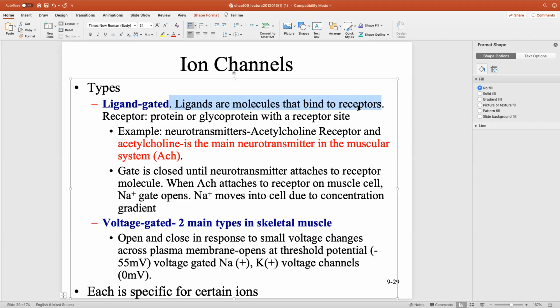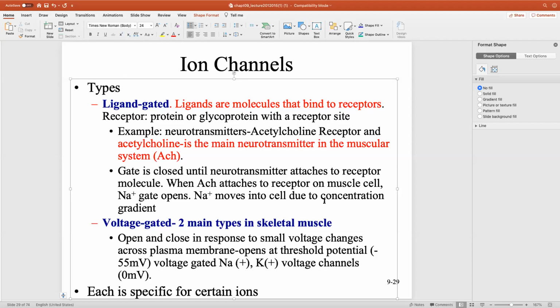So a ligand can be anything, including a neurotransmitter, norepinephrine, epinephrine. They're ligands. It can be a hormone, insulin, a ligand, right? So it's a large amount of chemically active molecules that can bind to their own receptor.